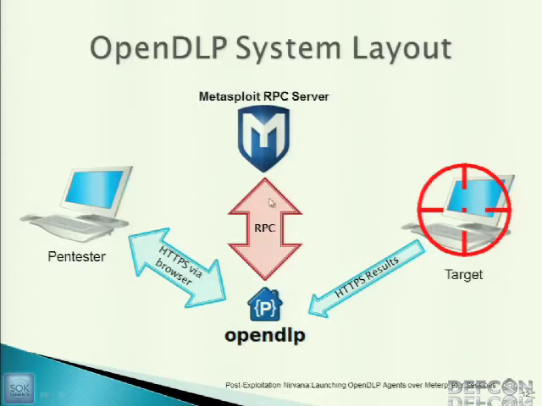We can do all the exact same things over this RPC. So I will send a command that tells this to create a new directory on the target, and then the Metasploit RPC will use a Meterpreter session to create that directory, copy files into that directory, start a service, run the sc.exe executable, and start the service. And the agent still posts back with HTTPS here. So that's unchanged.